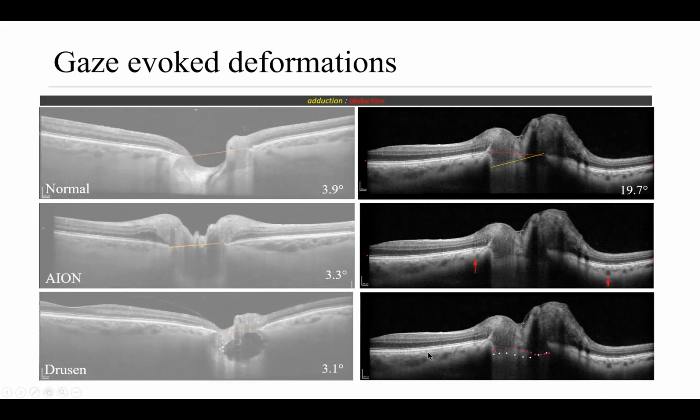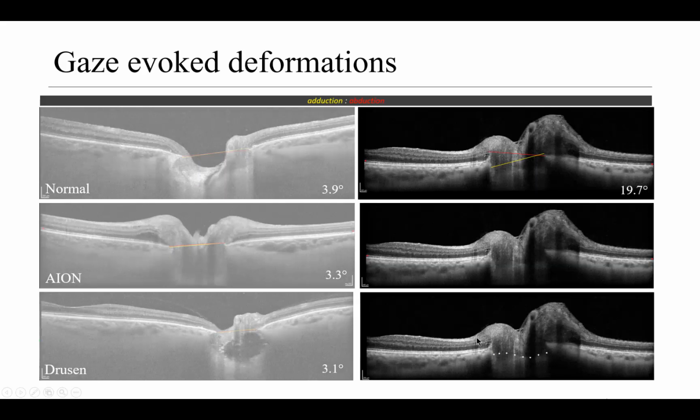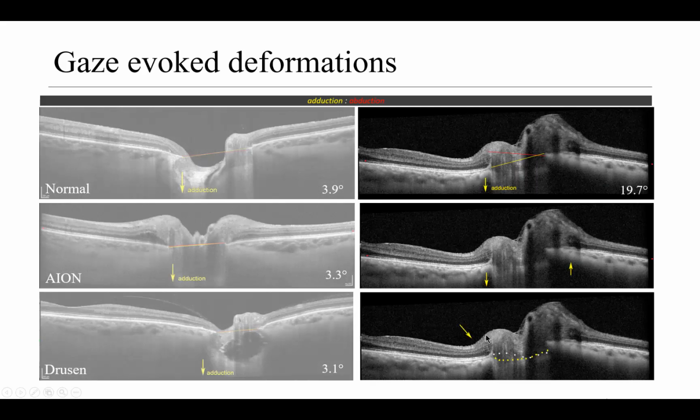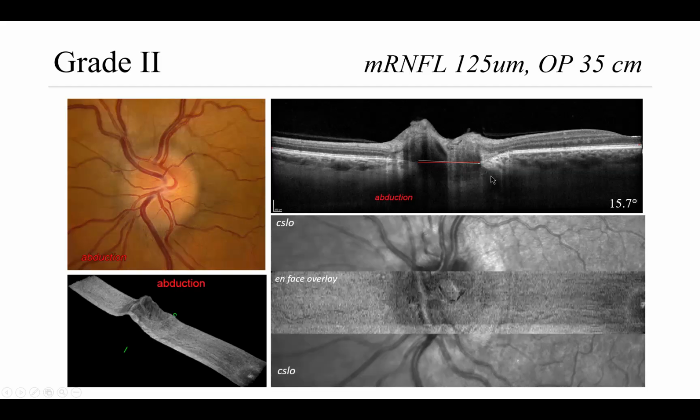You'll also notice something peculiar here: if you look very closely, when this yellow arrow appears, which appears in adduction, you'll notice that there are these fine little folds that develop on the temporal side of the disc. That is, folds are present only in adduction, not present in abduction. Let me show you some other examples.